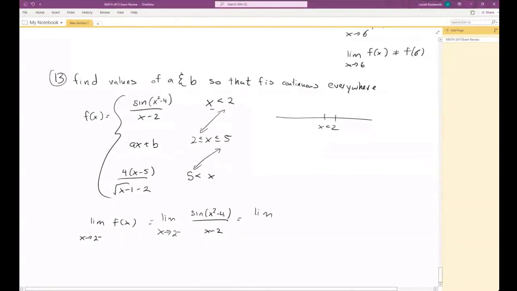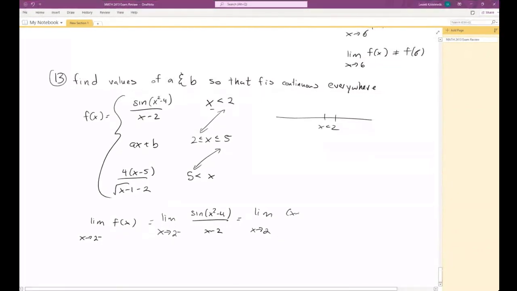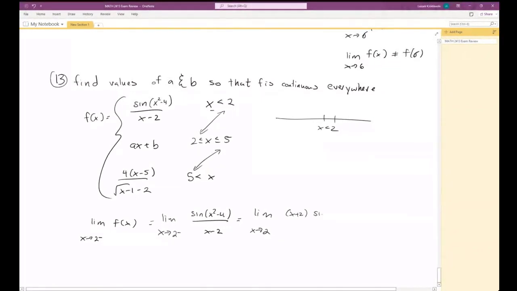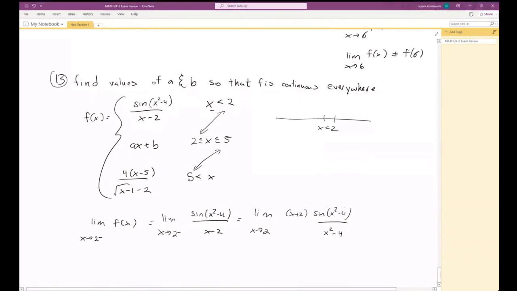Because all you would do is just introduce a factor of x plus 2 on top and bottom. Multiply the top by x plus 2, multiply the bottom, so that you get what's inside the sine function. These now match, so we get to use our special trig limit and get 2.